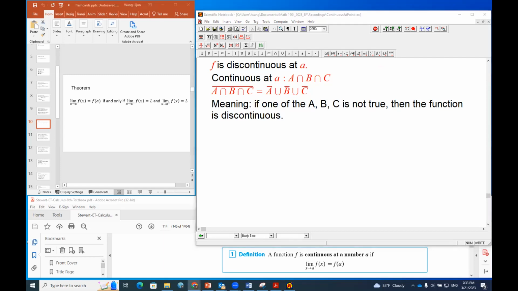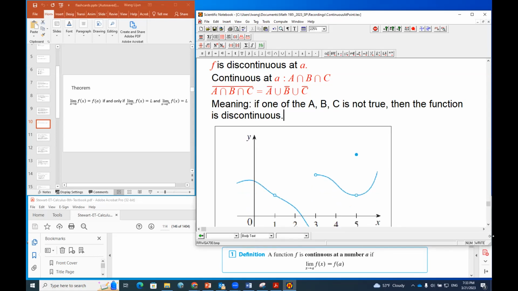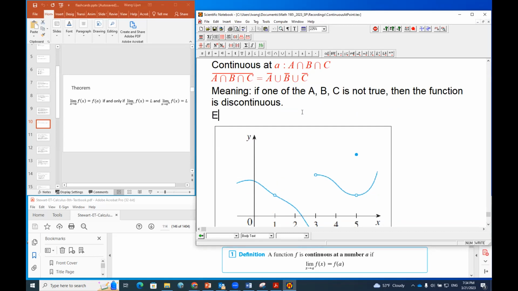Okay, I look at the homework. The first question on the homework, we have this picture. So let's look at this situation. Look at this picture. This is the first example: continuous and discontinuous.